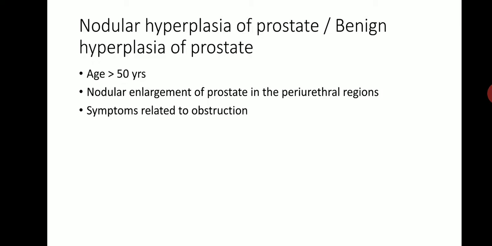This is hyperplasia. Hyperplasia means there is increase in the number of cells, thereby leading to increase in the size of the organ. This should be distinguished from neoplasia, which is a tumorous or neoplastic growth. So this is a hyperplasia, not neoplasia. Please keep that in mind.